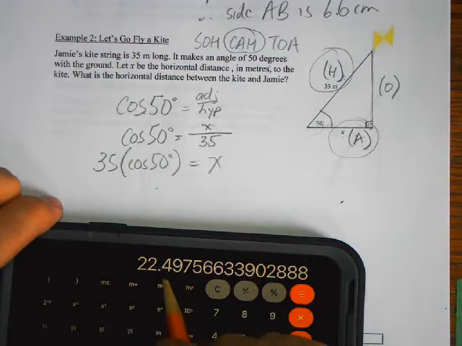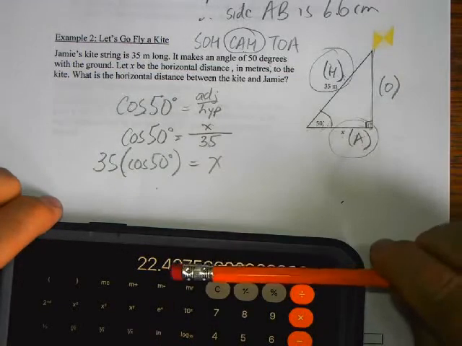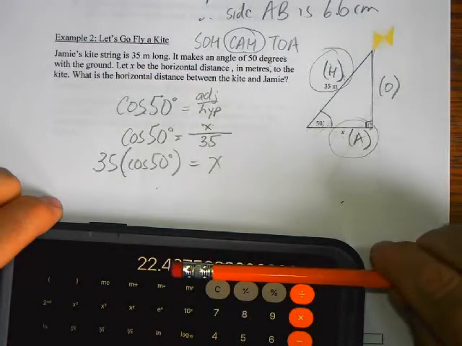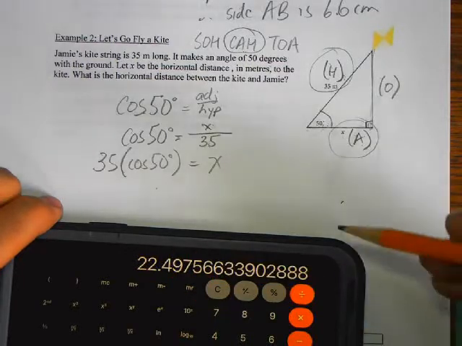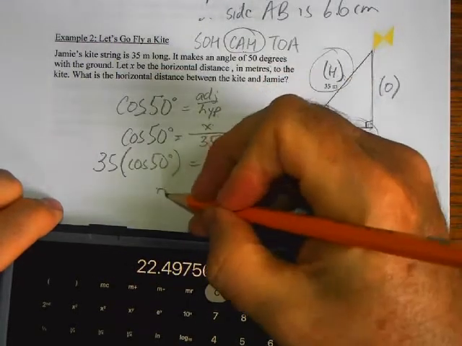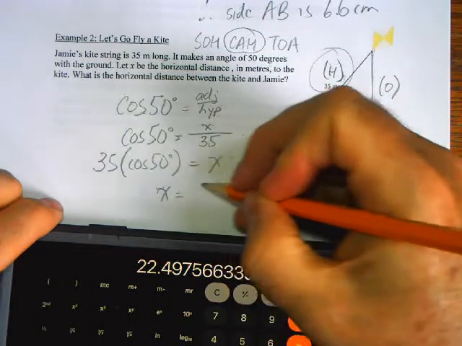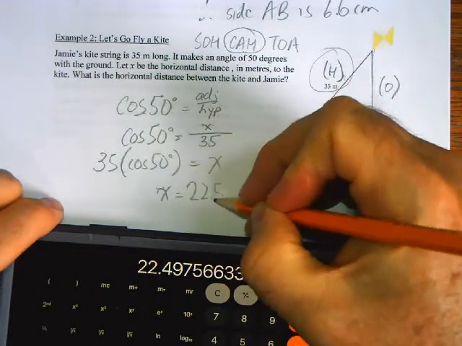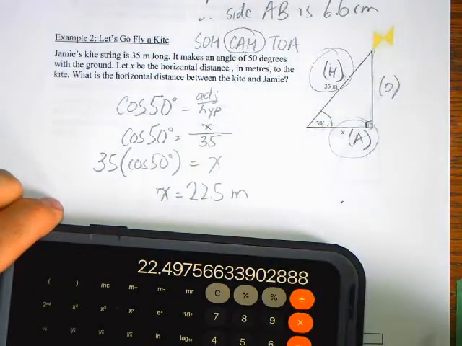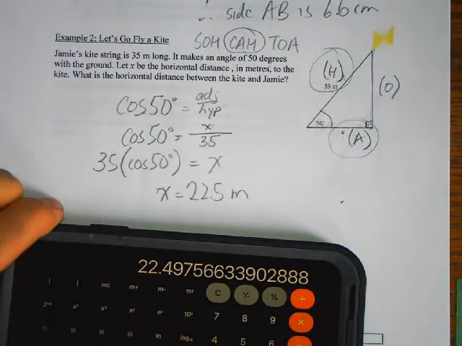Okay, because when you look at this, you're looking at just the 0.4, and the 4 is less than 5. So the true answer would be 22, but in this case, I personally would say 22.5 meters because it's almost exactly 22.5.